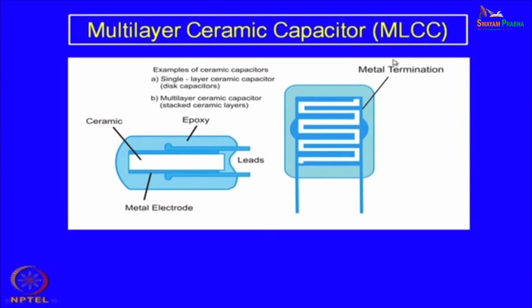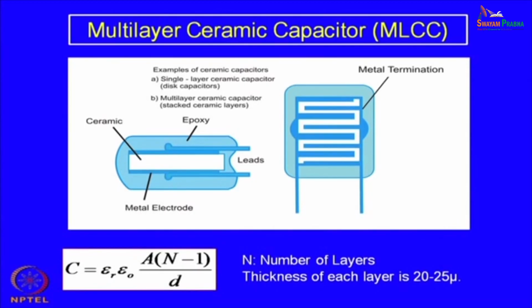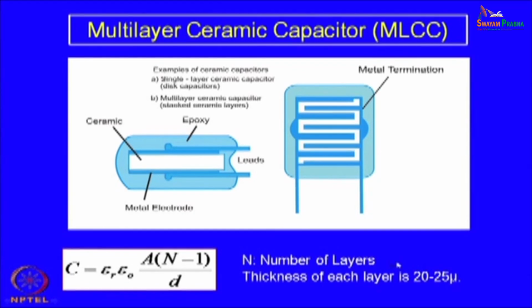This is what we call the metal terminal, which is connecting all the metal electrodes in between. So, the alternate electrodes are connected on this side as well as on this side. This is the basic design of a multilayer ceramic capacitor, and the capacitance can be enhanced by this factor: A is the area, N is the number of layers, minus 1, and D is the thickness.